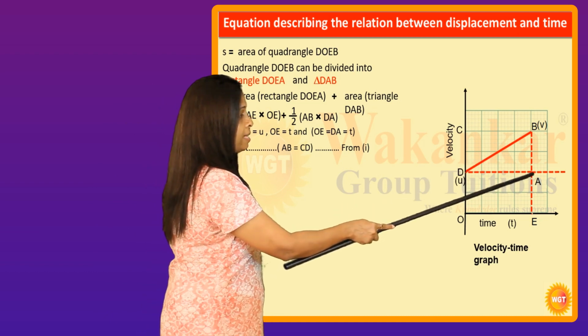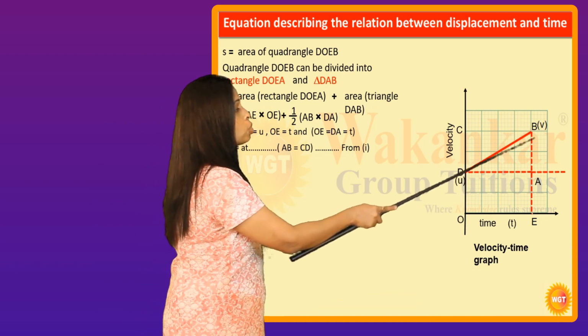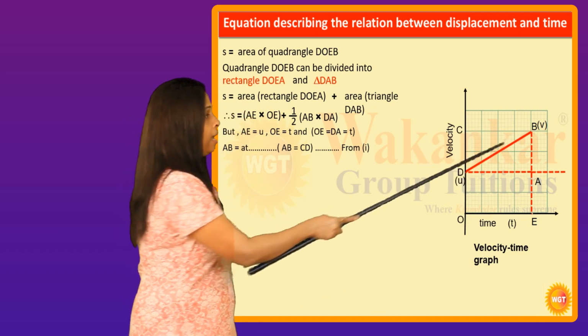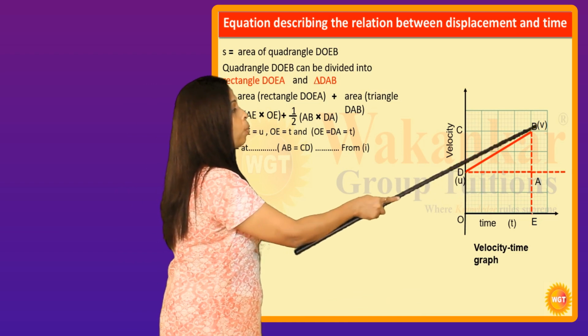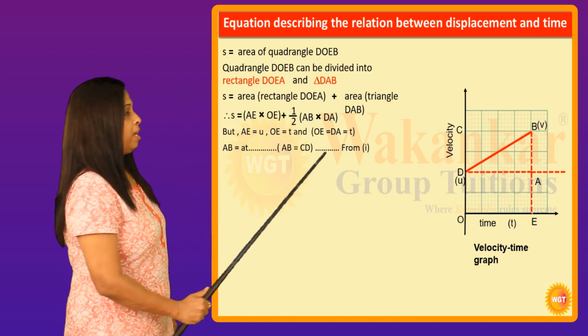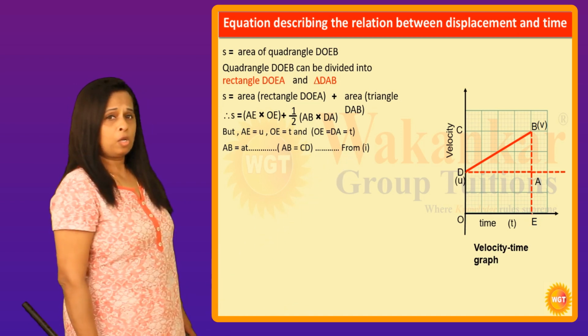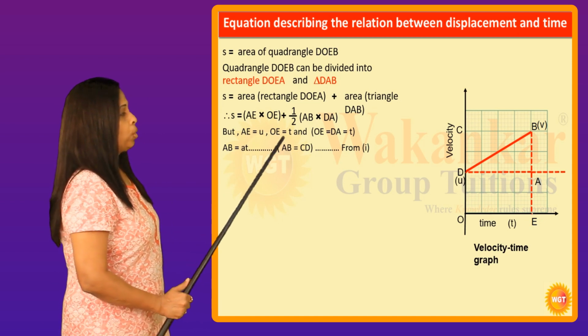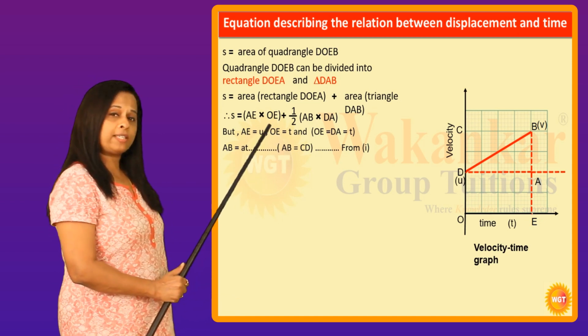So I can very well say AB is also equal to at. As CD is equal to at, AB is also equal to at. So we have got now the values. Now we have to substitute u, t, at in the previous equation.